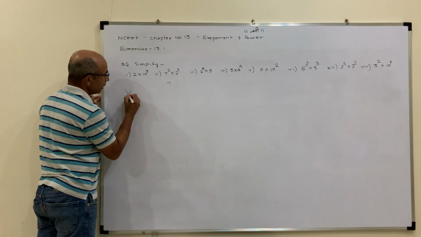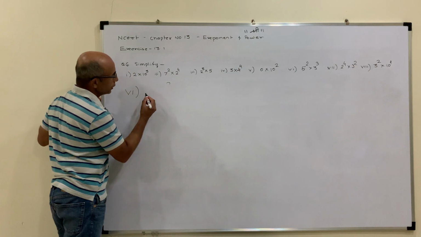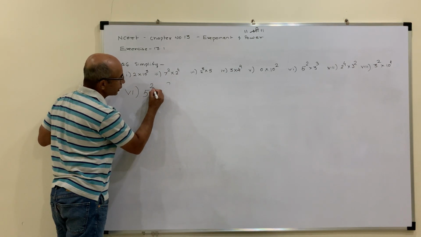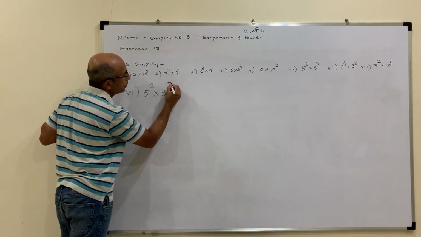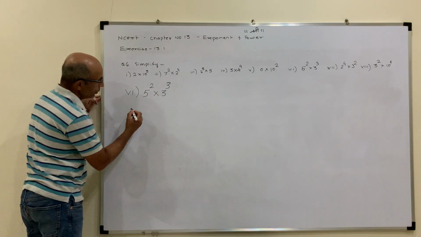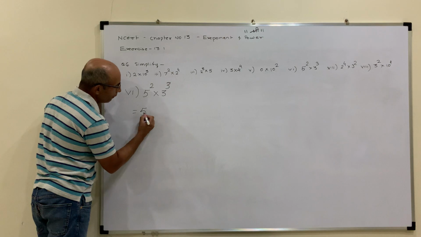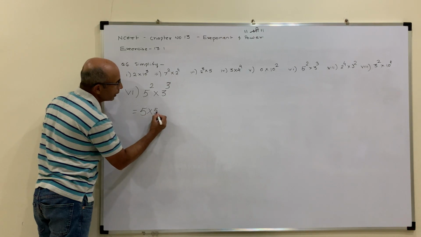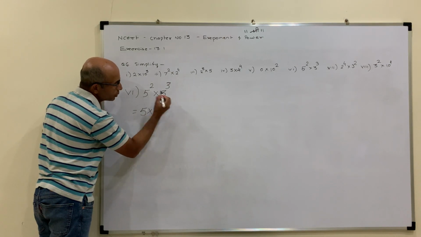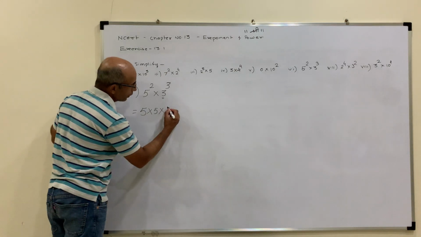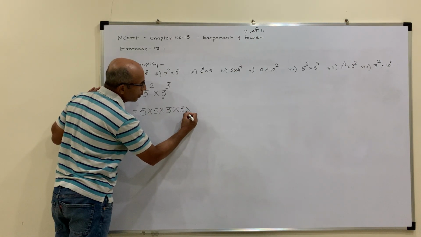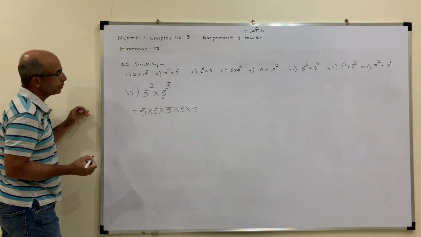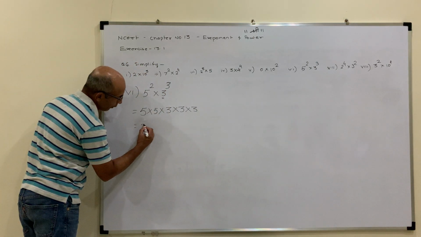The sixth one is 5 raised to 2, that means 5 square, into 3 cube. So now 5 square comes out to be 5 into 5, and 3 raised to 3, that's 3 cube, so we multiply 3 times: 3 into 3 into 3. So 5 into 5 comes out to be 25.